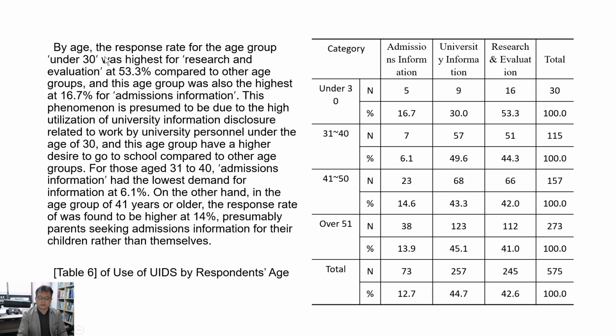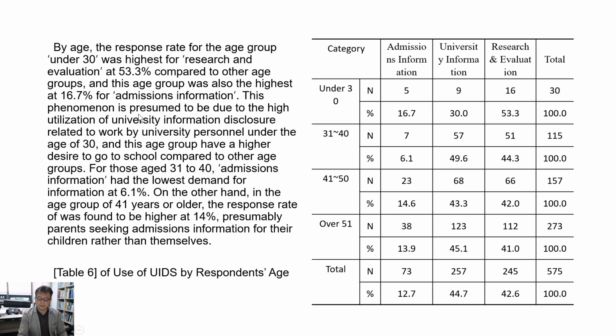By age, the response rate for the age group under 30 was highest for research and evaluation at 53.3% compared to other age groups, and this age group was also the highest at 16.7% for admission information.